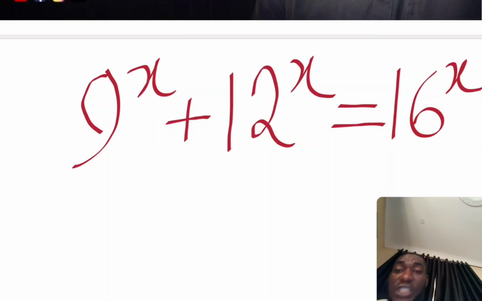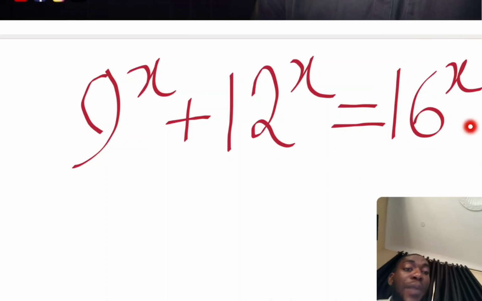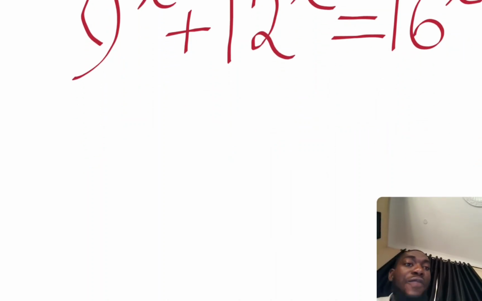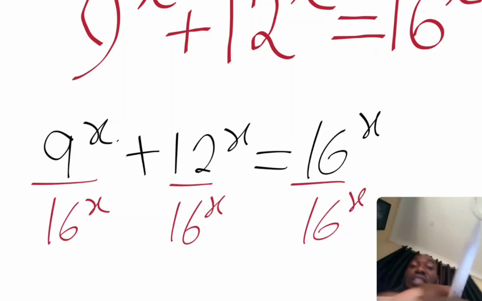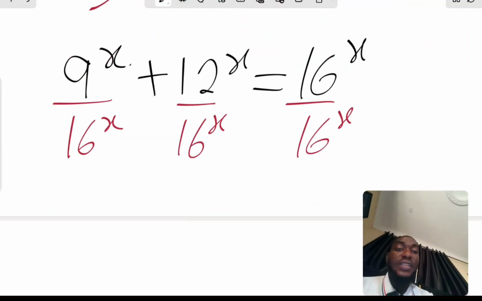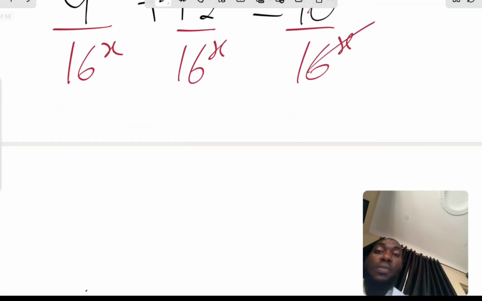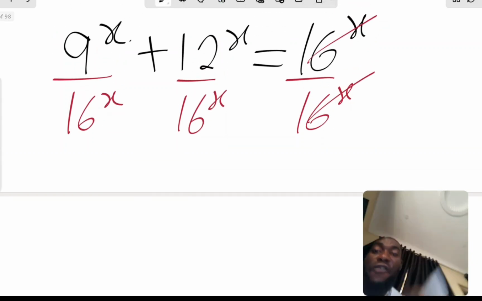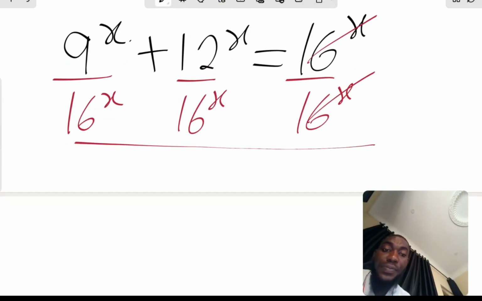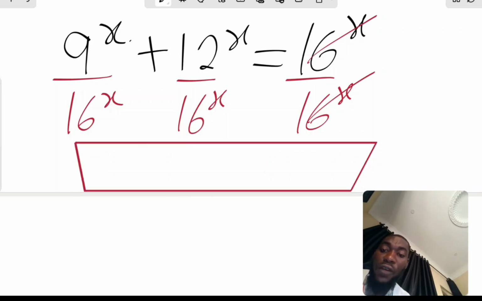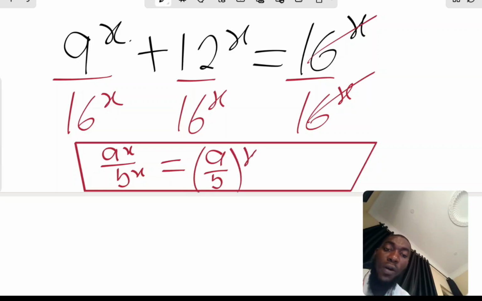So we have to divide both the left hand side and the right hand side by 16 to the power of x. Before I write this out, you should recall that from the law of indices, whenever you have a to the power of x over b to the power of x, this is the same thing as a over b all to the power of x.